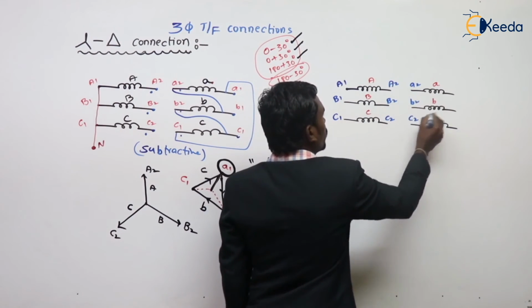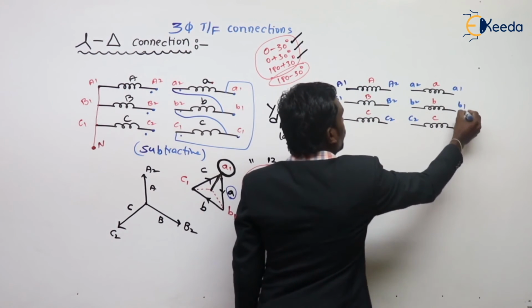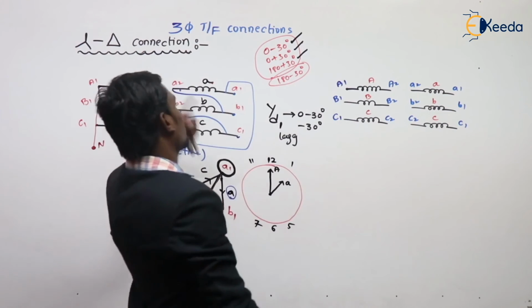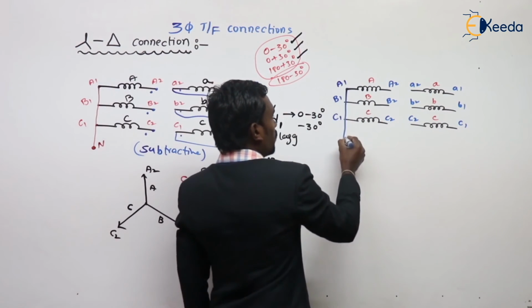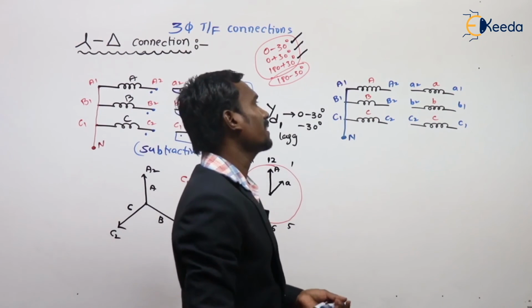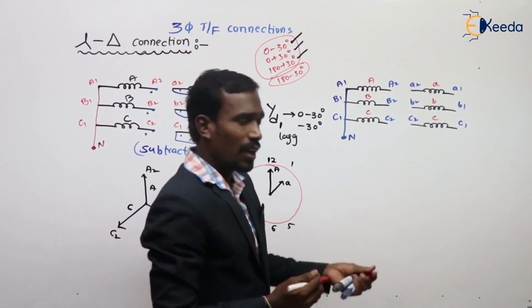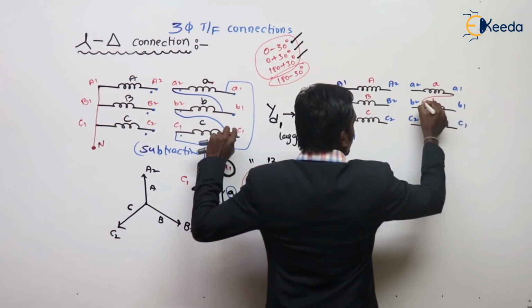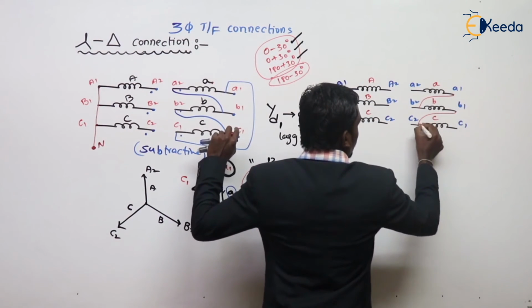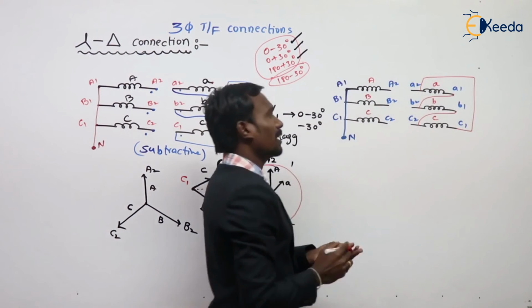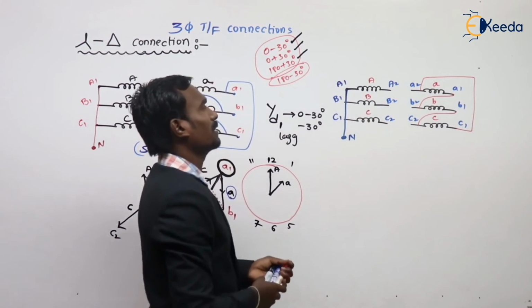The primary is a star connection and the secondary is a delta connection. This is different from the earlier ones, like this and like this. This is the modified delta connection.